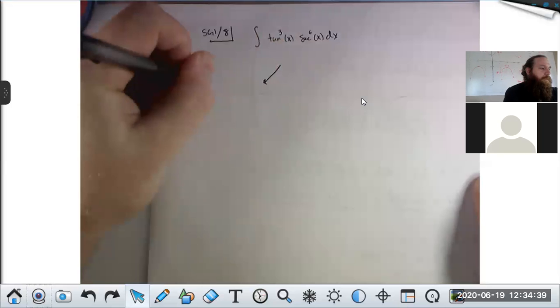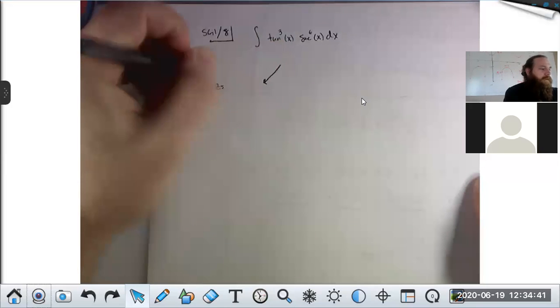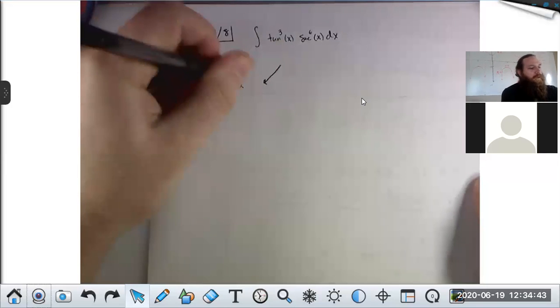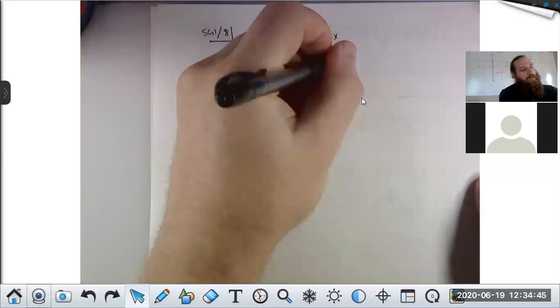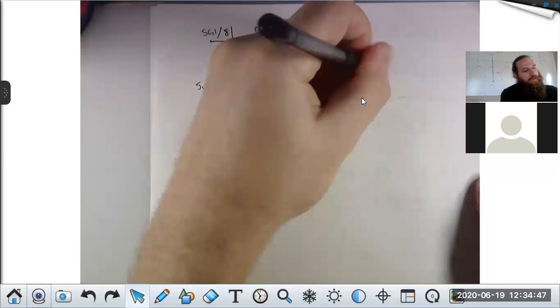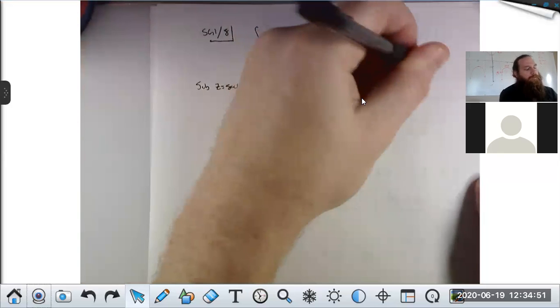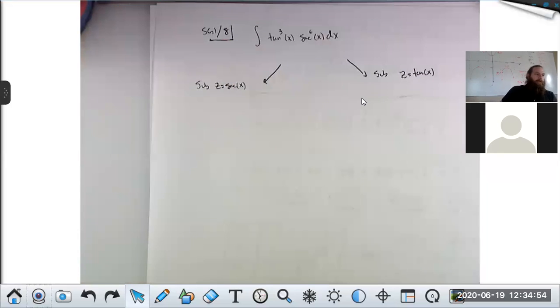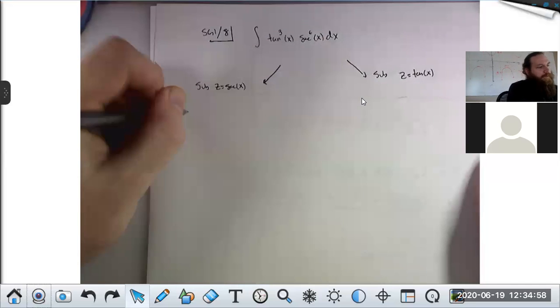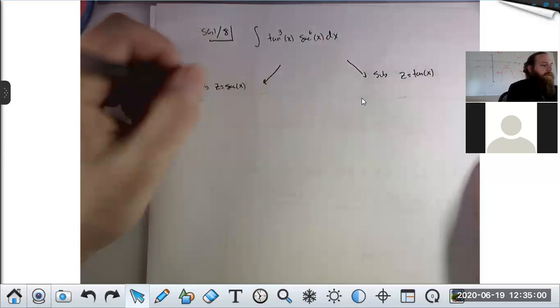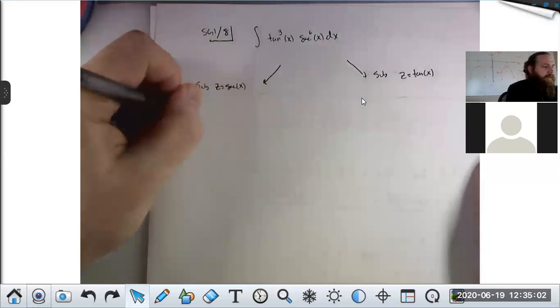We're either going to sub z equals secant x, or we're going to try to sub z equals tangent x. If we wanted to substitute for the secant, then I grab a copy of secant tangent and set it off to the side.